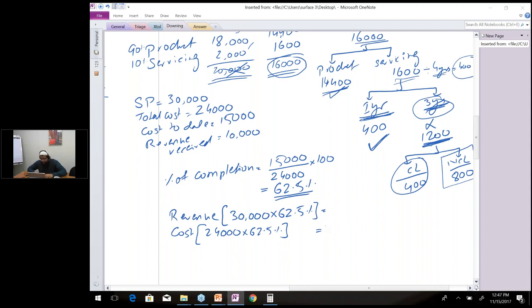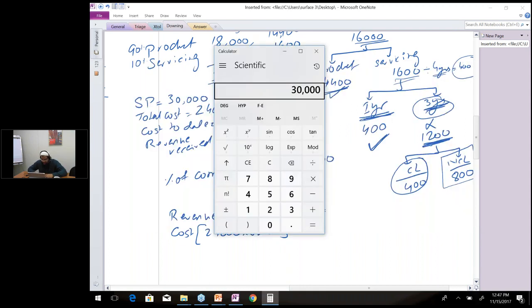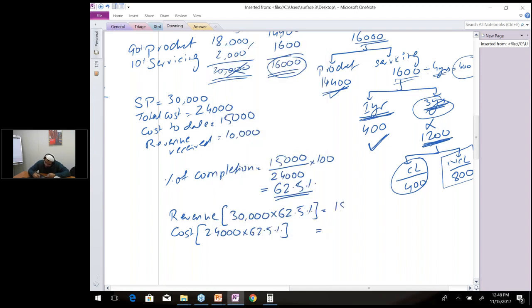So this is going to be 30,000 into 62.5 divided by 100. So this is going to be 18,750.